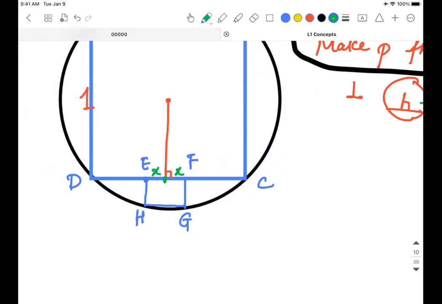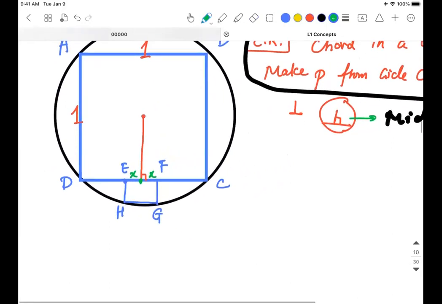To determine x, the most important thing is to put x into a triangle. You need to make a relationship between your x and your 1. You can't really do it directly, so you need to create a triangle in order to make sure everything can be properly handled.